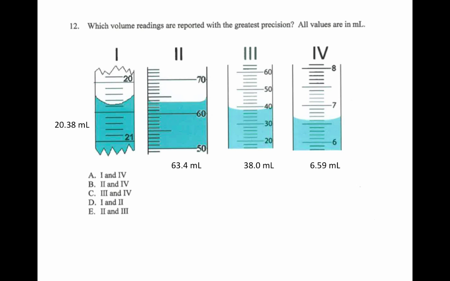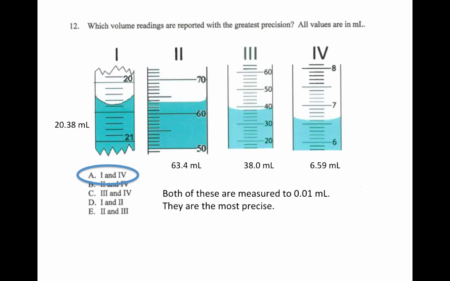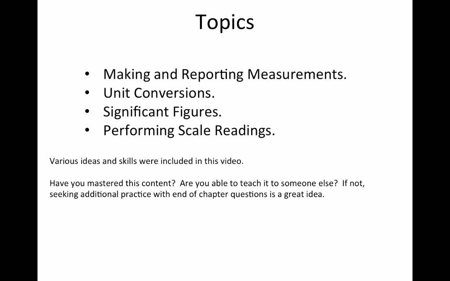It looks like in cases both 1 and 4, based on the markings, I'm able to report them to 2 decimal places. It looks like numbers 2 and 3, I can only report to 1 decimal point. So both 1 and 4 are reported with the same greatest precision. Both of these are measured to the 0.01 milliliter mark. So they are the most precise.